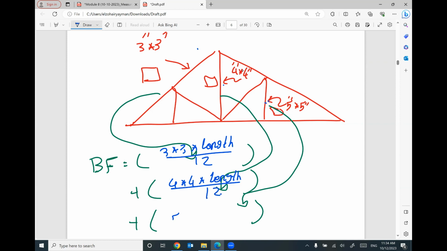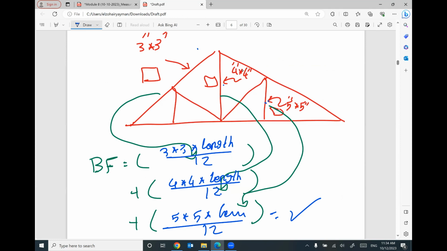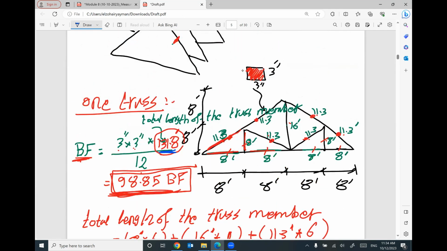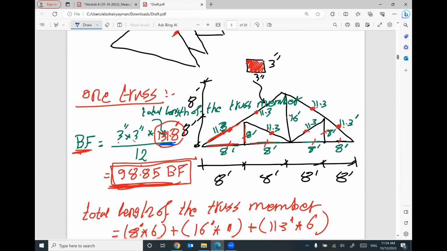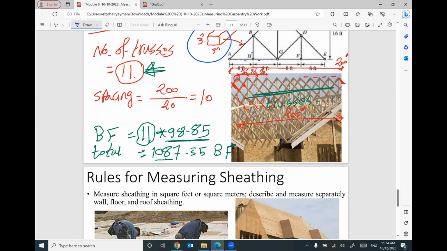These members will be 5 by 5 times their lengths divided by 12, to find the total board foot for one truss. Why do this? Because the cross section for each member is different. We did not do this for this example because all the members had the same cross section, so I multiplied 3 by 3 by the total length of the members. That makes sense? So just pay attention to this kind of example.